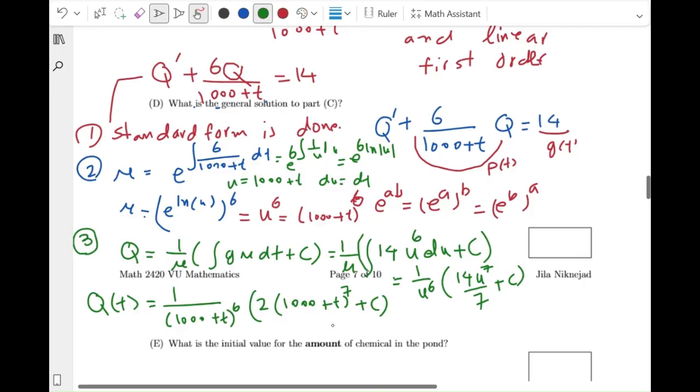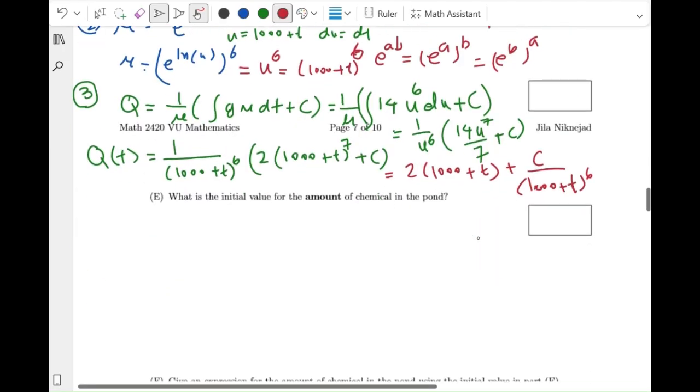And you can multiply this through to get this answer: 2 times 1000 plus t, plus c over 1000 plus t to power 6.